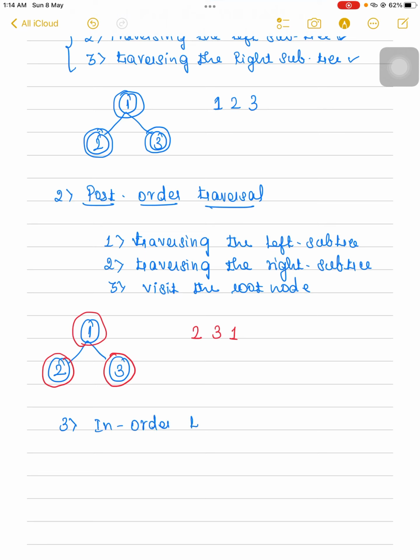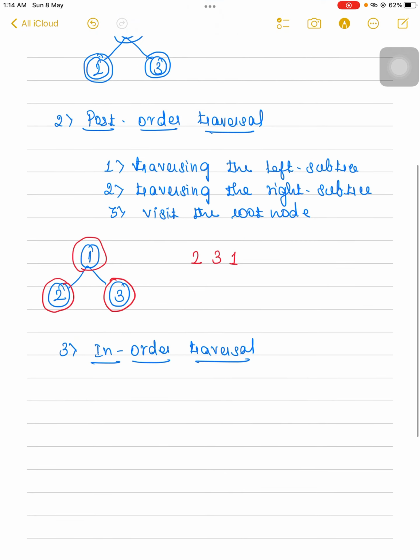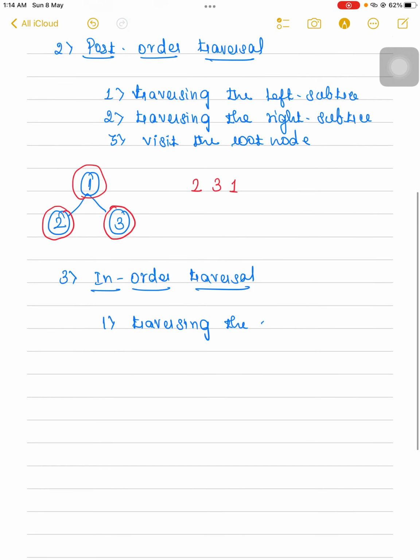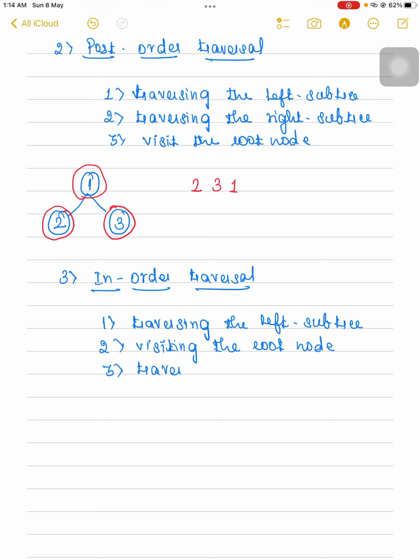The steps for performing the in-order traversal are: the very first step is traversing the left subtree, the second step is visiting the root node, and the final step is traversing the right subtree.